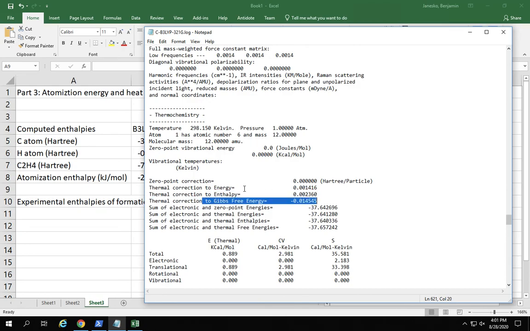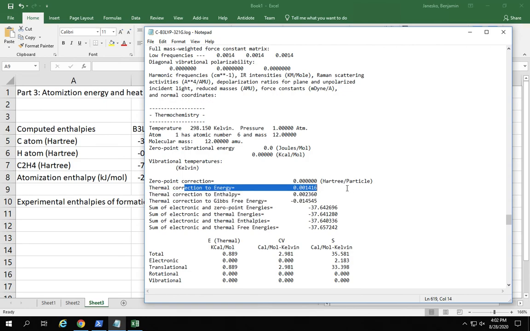Oh, thermal correction to energy, I'm not sure. The thermal correction to enthalpy: H is U plus PV, so we're doing corrections for temperature 298 Kelvin, pressure 1 atmosphere. So U plus PV to get to H, that's where this number comes from. Thermal correction to G is U plus PV minus TS, so that's where this number comes from. There's a TS that we assume for isolated atoms at T, 298 Kelvin, and S we get from statistical mechanics for isolated atoms at this pressure.